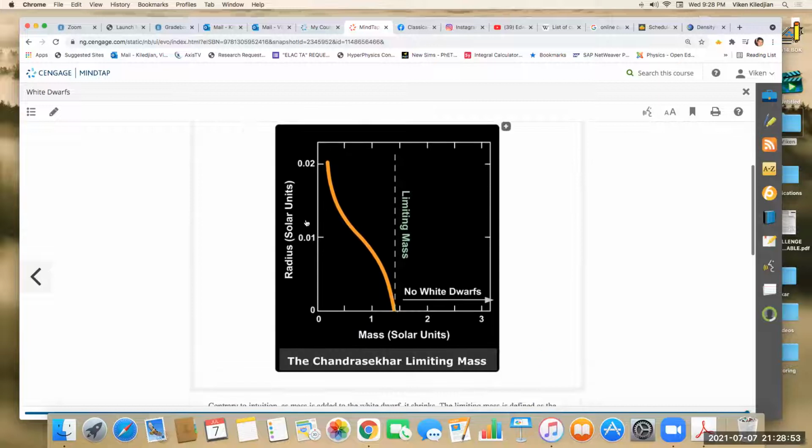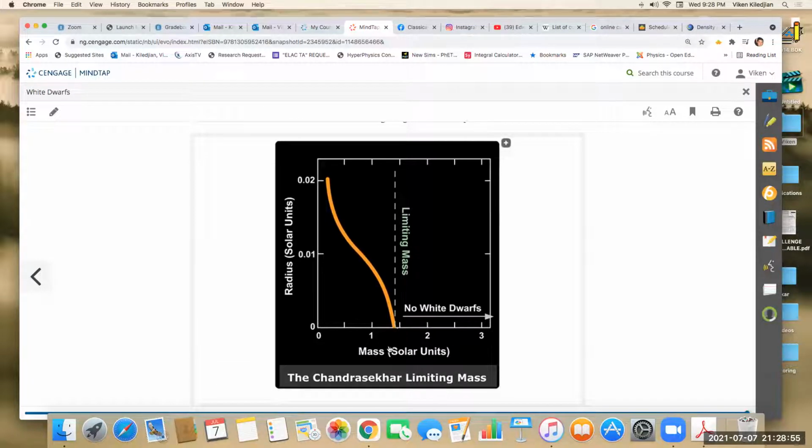So essentially what this is telling you is, this chart is the mass of the star. If it's one solar mass, the radius is in solar units. So this vertical axis is giving you the radius in terms of the radius of the sun. So a one solar mass white dwarf is going to be around what?